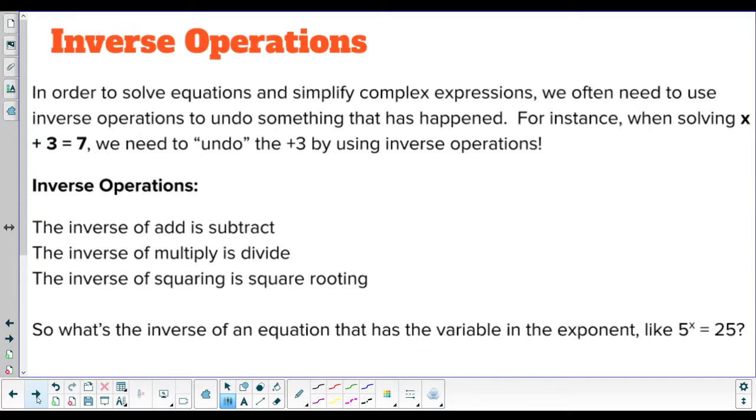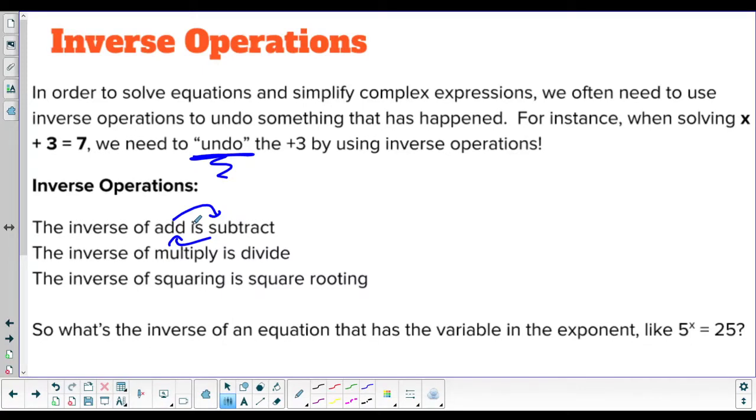Let's talk about inverses. An inverse in math is anything used to undo something else. It's the opposite. It undoes it, it gets rid of it, it cancels it, however you want to think. The inverse of adding is subtraction, and this is bi-directional. It goes both ways. Subtracting is the inverse of adding.